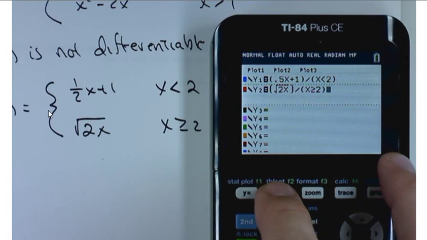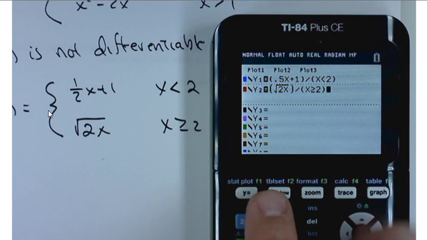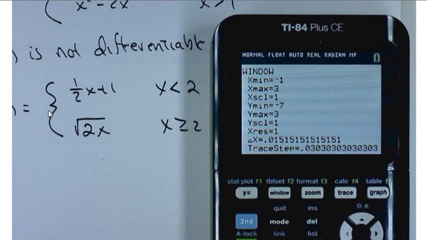For the window on this one, I'm going to suggest, say, 0 to 4, because that puts x equal 2 at the center of things. So 0 to 4. And then from there, zoom 0.